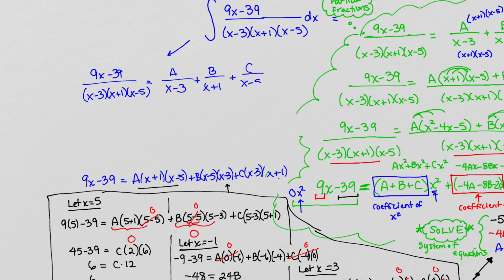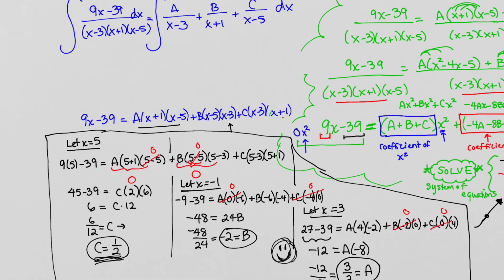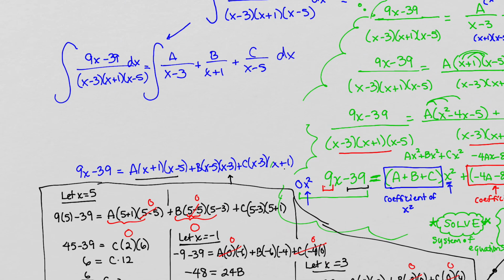And what were we doing here? We were finding an integral. Remember, we were taking an integral and rewriting that integral in terms of smaller fractions. In place of A, we were putting 3/2, so I am going to erase A and instead write 3/2.